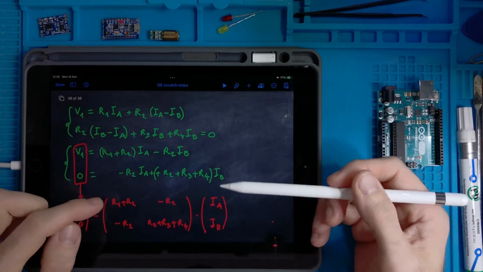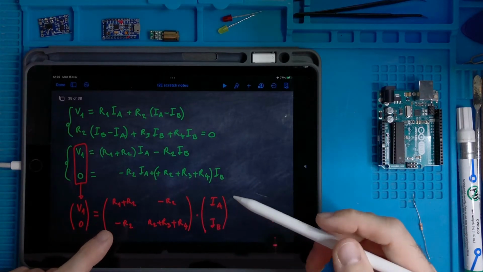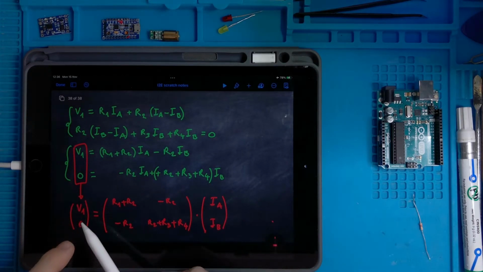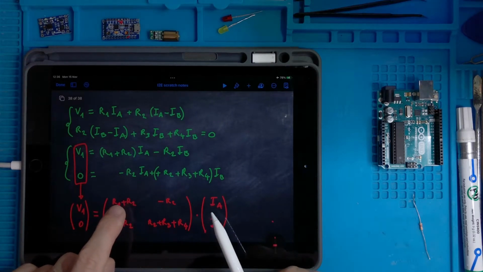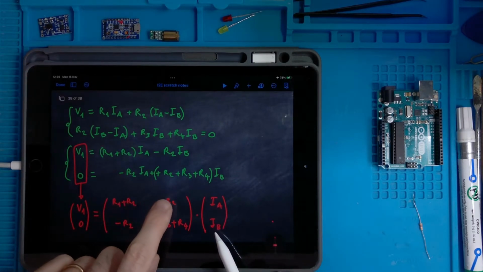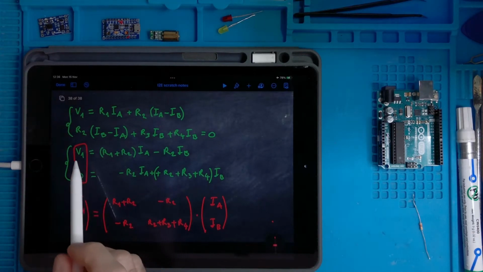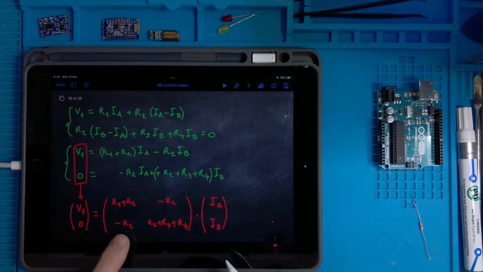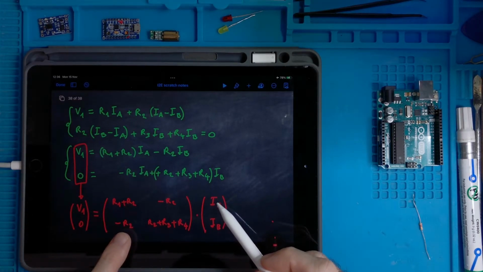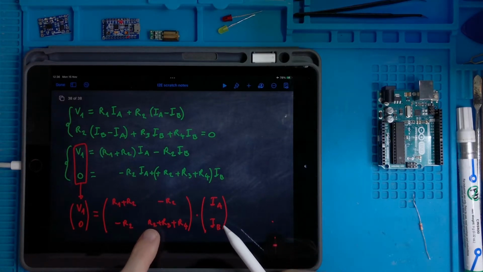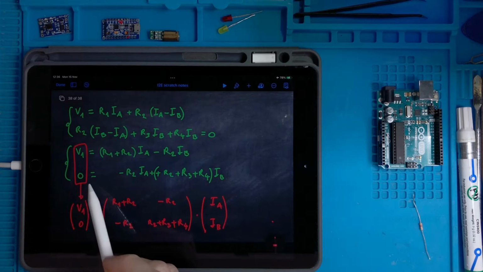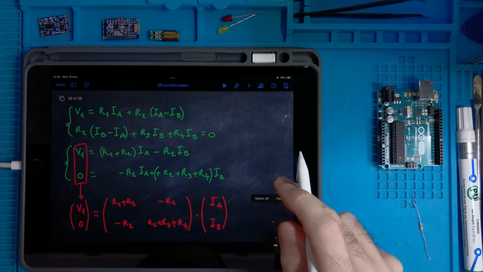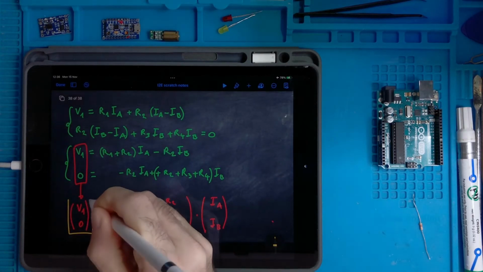If I compute the row by column products, this means that V1 equals this multiplied by IA plus this multiplied by IB, and I get the first equation. Then 0 equals minus R2 multiplied by IA plus all this term multiplied by IB, and I get the same equation. But if I write it like this, then it becomes more evident that this thing is a vector.